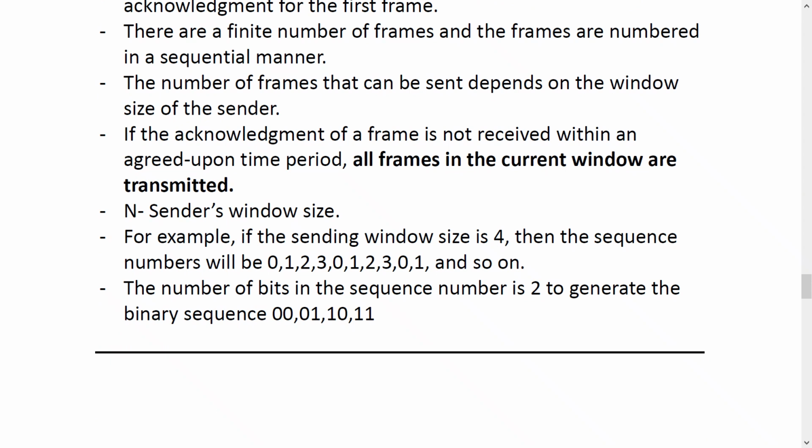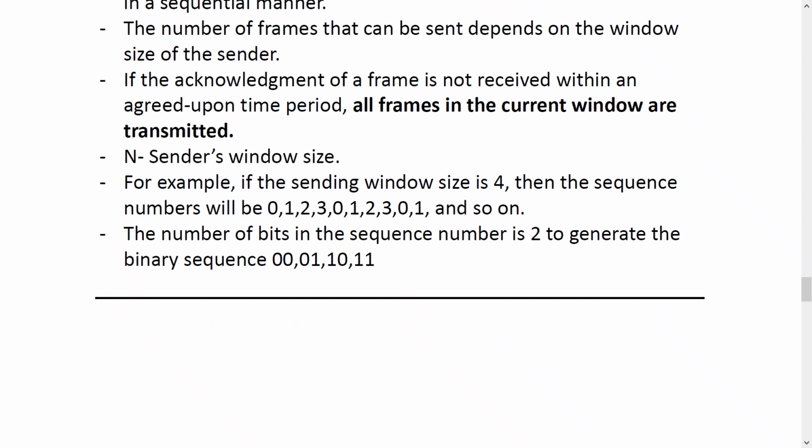So for the sender window size, for example, if the sender window size is 4, then the sequence numbers will be 0, 1, 2, 3, and again 0, 1, 2, 3, and again 0, 1, and so on. The number of bits in the sequence number is 2. The number of bits in the sequence number depends on the number of frames and your window size.